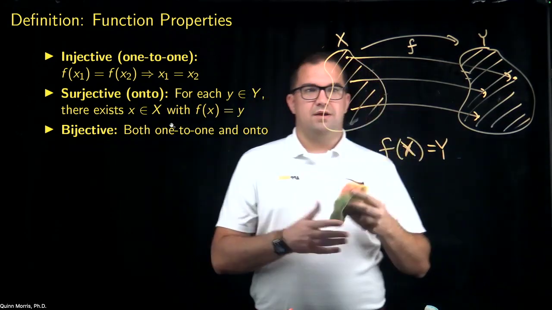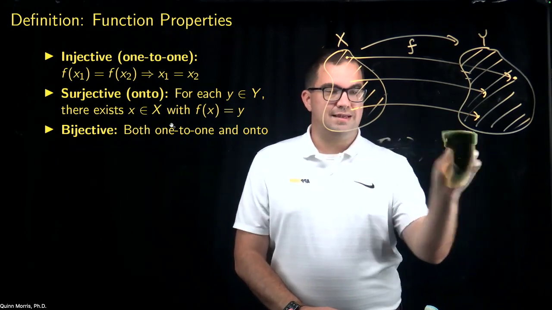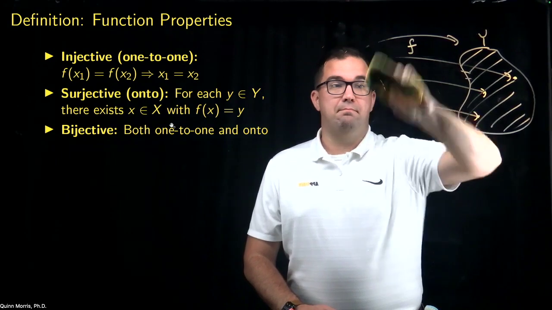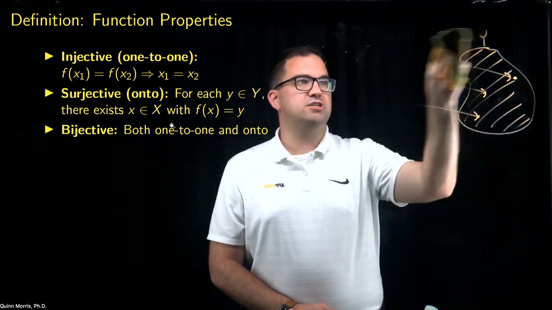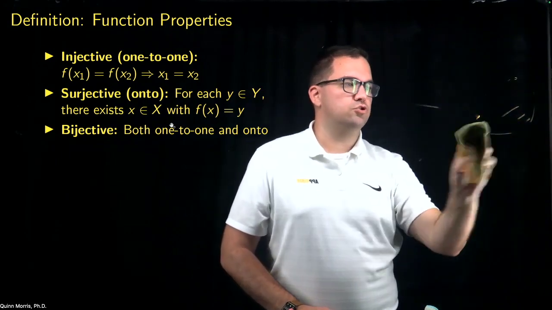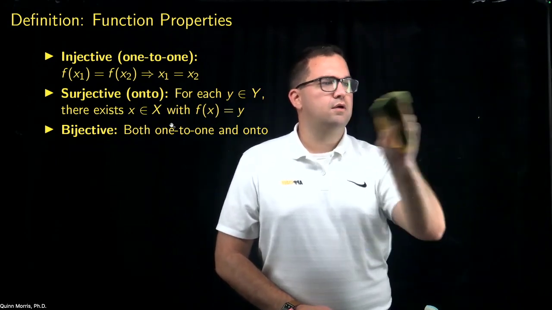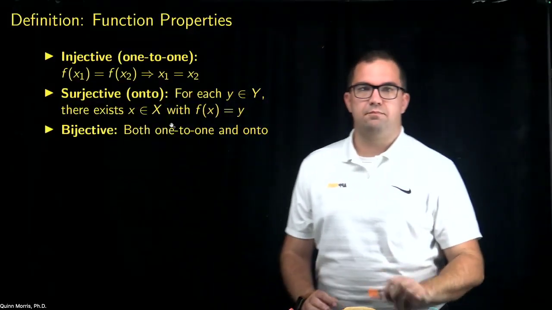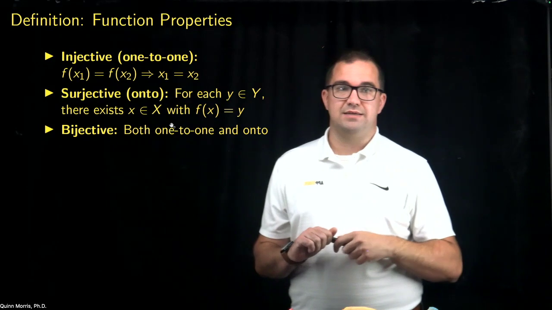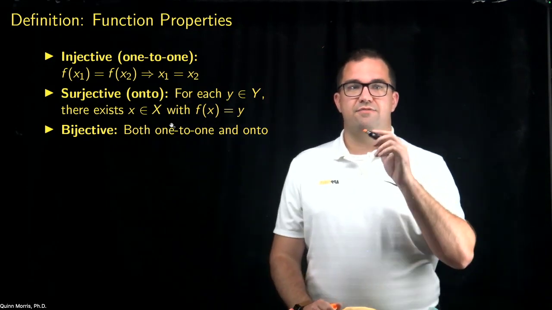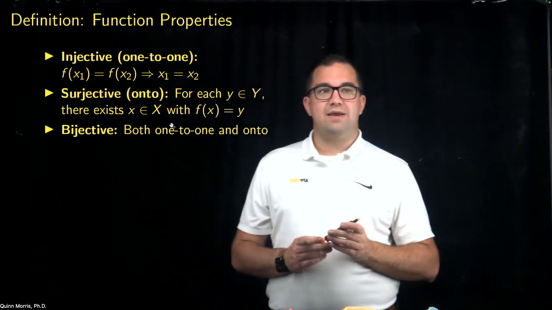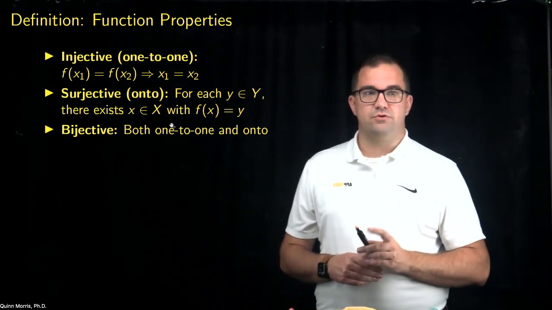Now, you'll notice I've spent a lot of time talking about injectivity and surjectivity, but there's this third term, which is to be bijective, or bijectivity. That simply means that you're both injective and surjective. The reason these properties are important, and we may explore this more in an exercise set, is that if a function is both injective and surjective, we can very easily talk about its inverse function.